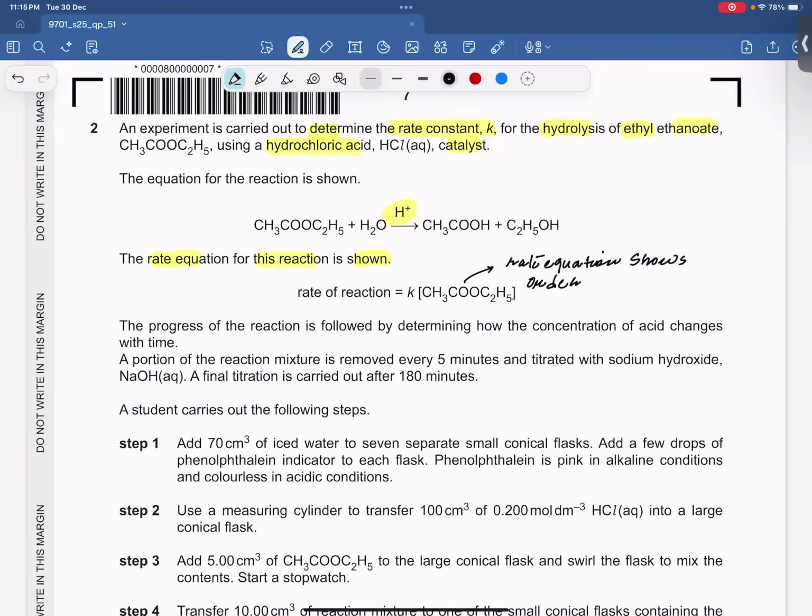And that indicates H+ is acting as a catalyst. It will take part in the reaction, but at the end, it will be recovered as it is. So I believe with respect to this, it's going to be zero order.